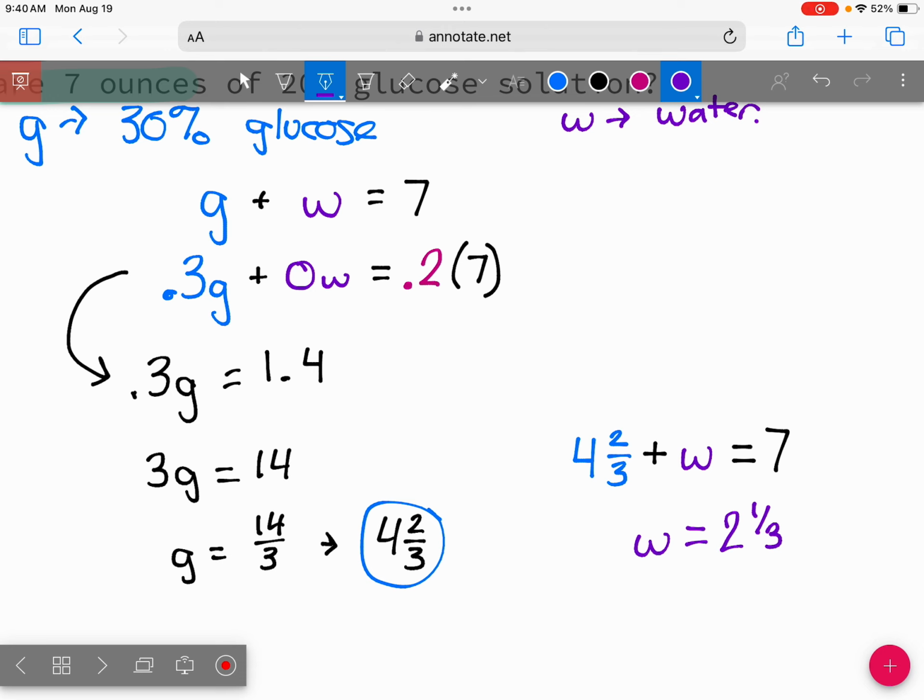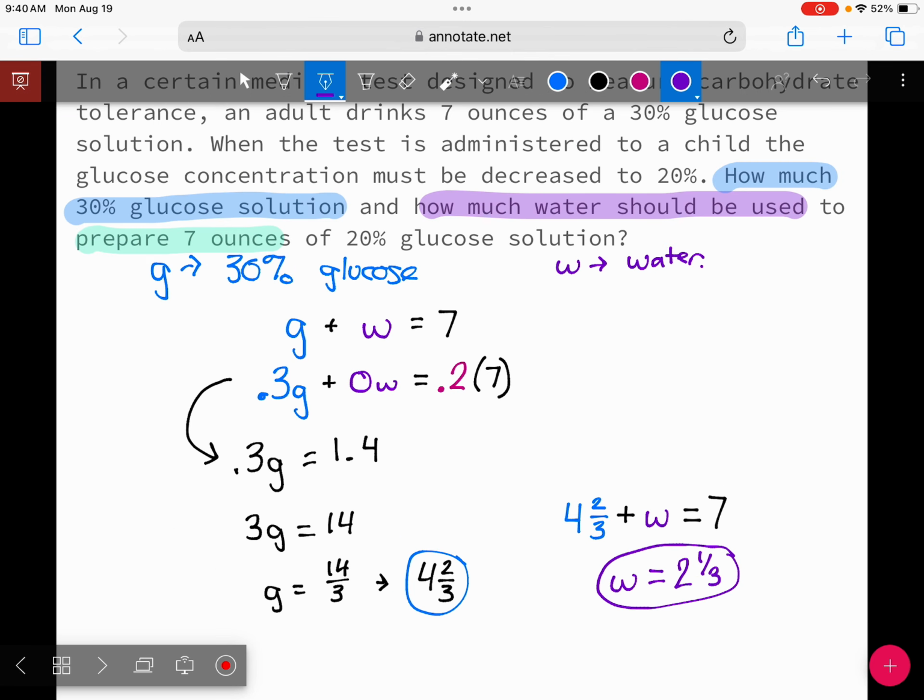So how much water do we need to add to this mixture? 2 1/3 ounces. And how much of the 30% glucose do we need to add to the mixture? 4 2/3 ounces.